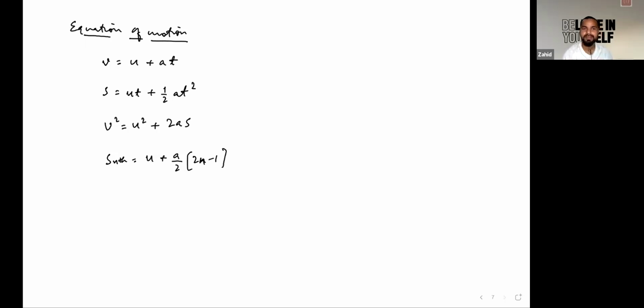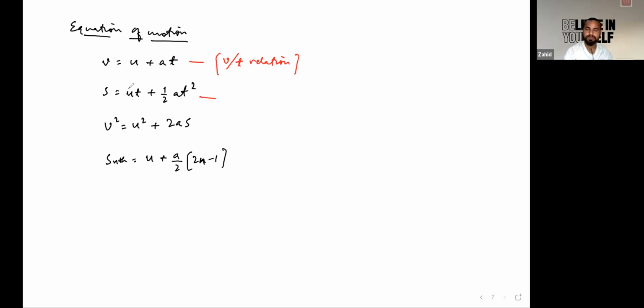Now I'm defining the relationship. First is v = u + at, where v is final velocity, u is initial velocity and t is time. The relation would be constant for all four equations. The first equation is termed the velocity-time relation. So if you have to calculate velocity or time, you have to use this first equation.